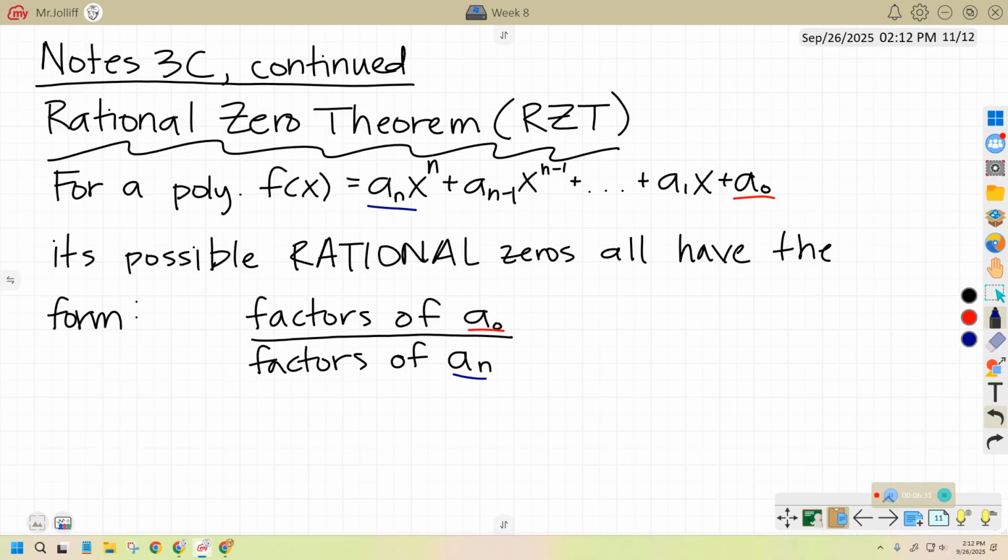Meaning the rational zeros of my polynomial should be ratios of last term to first term. Last constant to first constant.